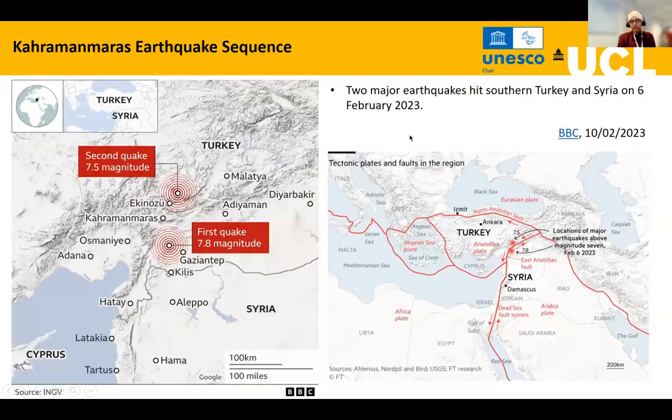As we're all well aware by now, there were two earthquakes that happened in February 2023, the first one with a 7.8 magnitude to the west of Gaziantep, and the second one following just 9 hours later further north. We are talking about Antakya, which is in Hatay province.